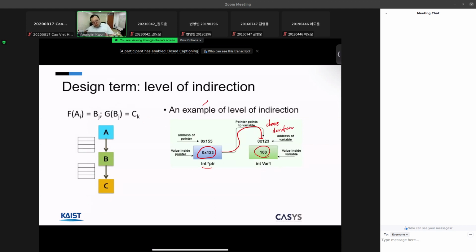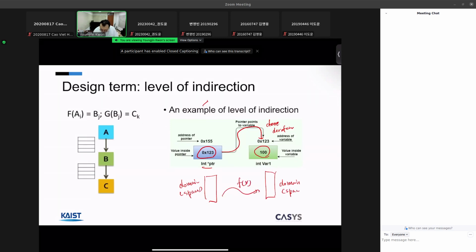When I illustrate the level of indirection, I say this is one domain, and there's the other domain, a word space, that is indirected by some function. That is the concept of level of indirection.